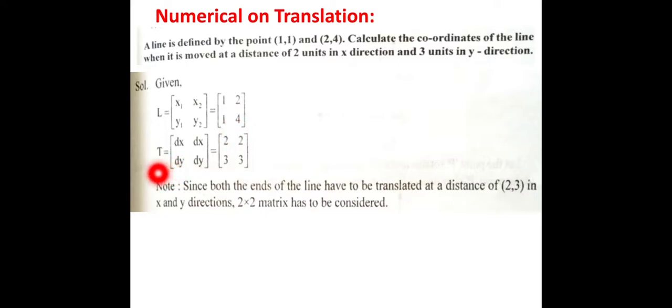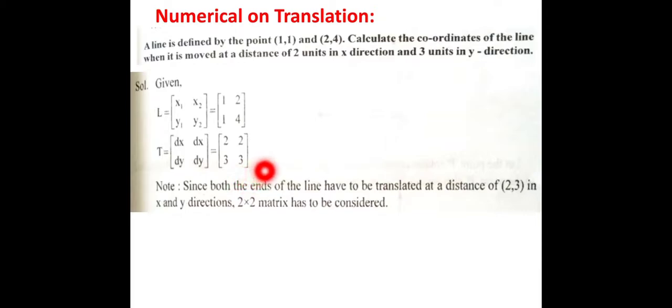Now the translation matrix is given by dx dx, that is the change in dimension in the x direction, and dy dy, that is the change in dimension in the y direction, which is a distance of 2 units in the x direction. So wherever you have dx you make it 2 2, and in the y direction it is 3, so we write 3 3.